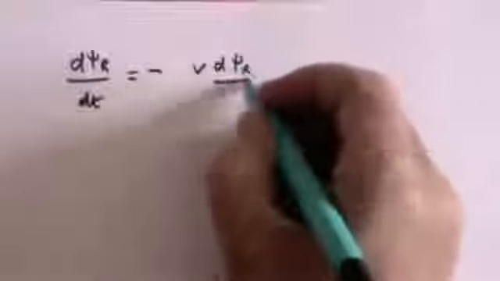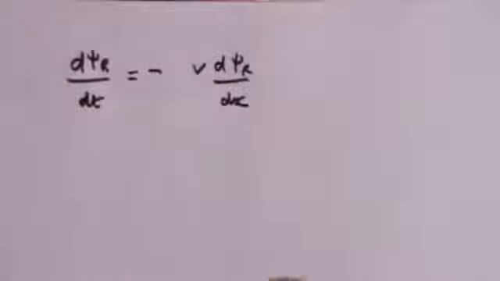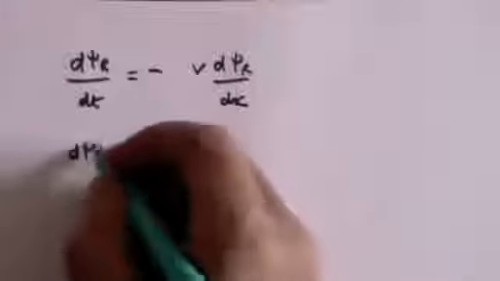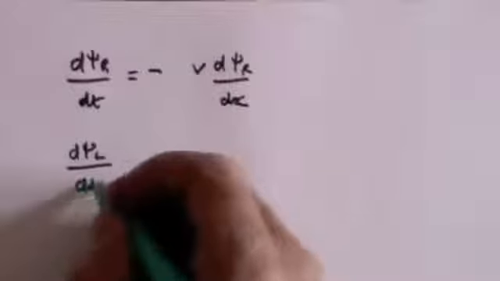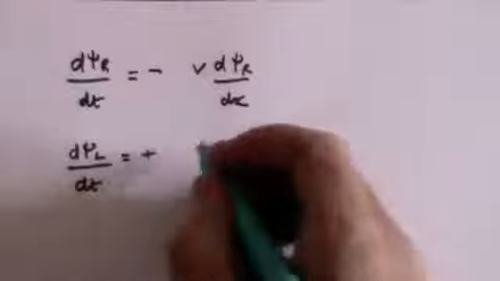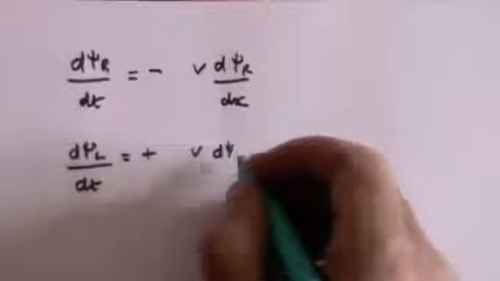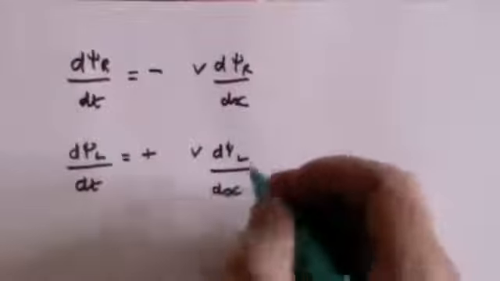So now I'm going to rewrite the equations that we developed before. They're called Dirac equations. d psi right by dt was equal to minus v d psi right by dx. And the other one was d psi left by dt is equal to plus v d psi left by dx.